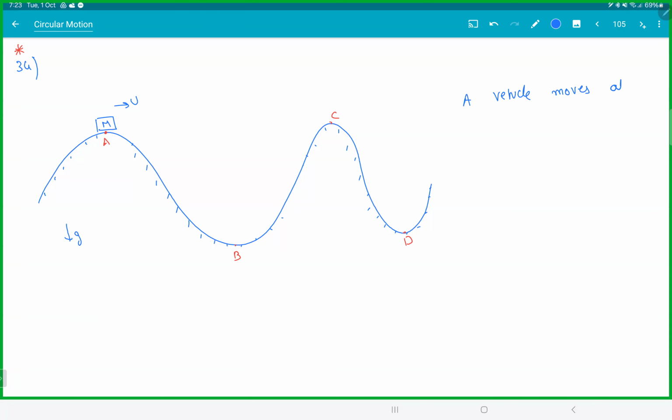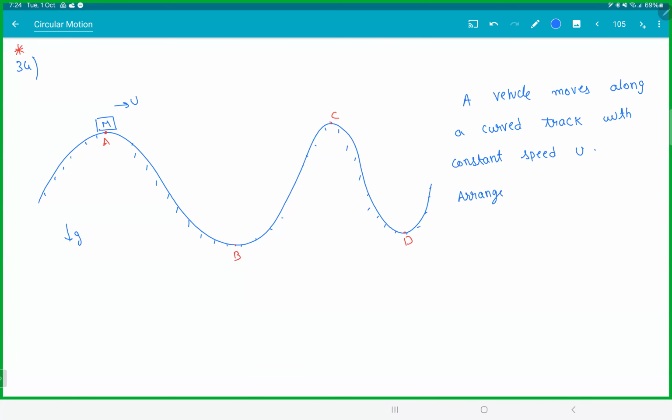So a vehicle moves along a curved track with constant speed u. Arrange the normal reactions in ascending order, meaning the smallest to biggest, or biggest to smallest, it doesn't matter.